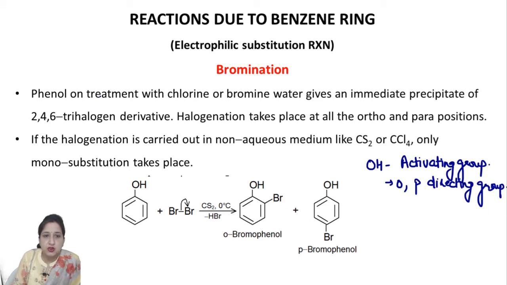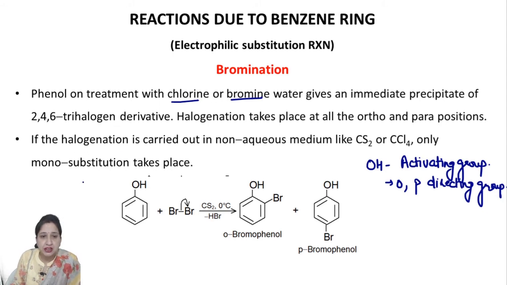So phenol on treatment with chlorine or bromine water gives an immediate precipitate of 2,4,6 trihalogen derivatives. 2,4,6 means all ortho and para positions are occupied by the respective halogens.